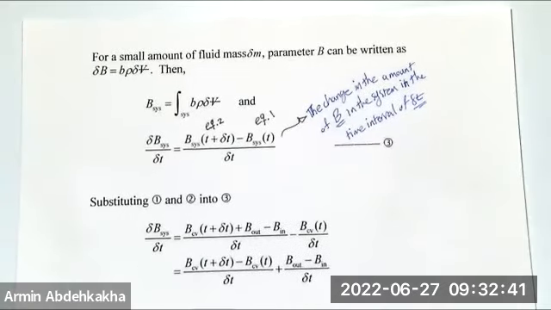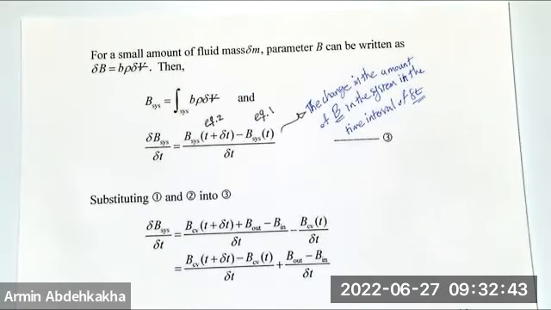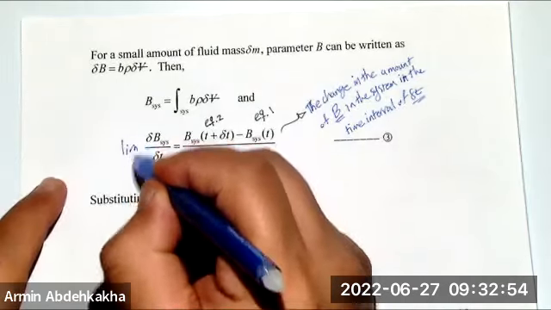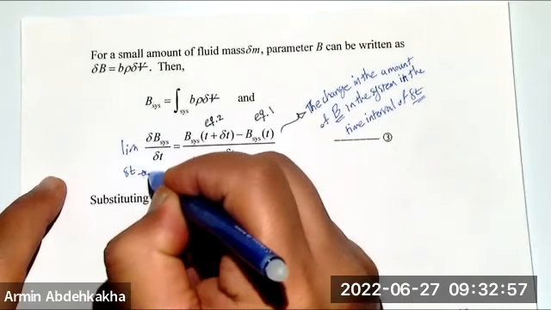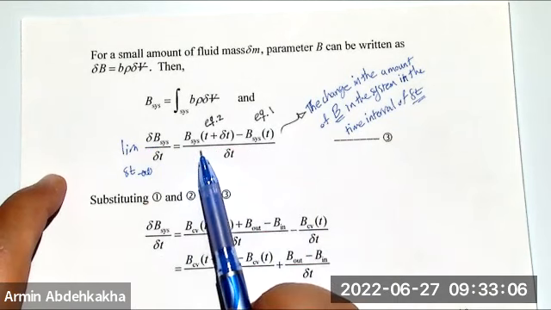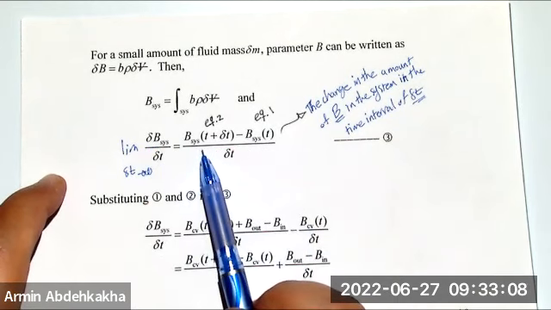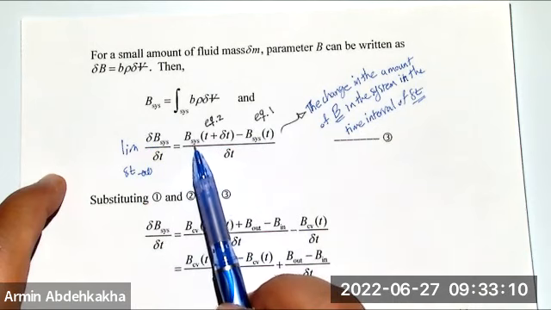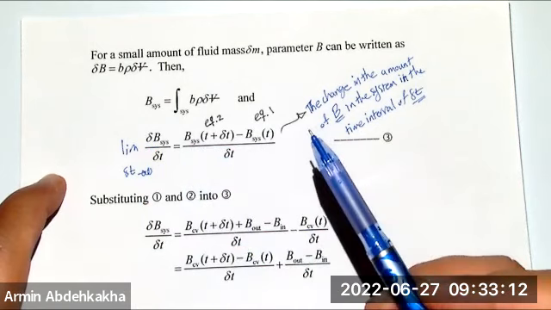Okay, so I have a question for you. Can you find the derivative, like finding the limit of that, as delta t goes to 0? Can you find the answer for that? For now, it's not possible. Why? Because the system is constant in space. The amount of that parameter at time t and t plus delta t are constant, right?